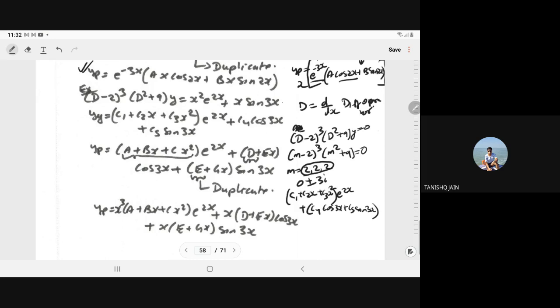That is our complementary function: (c1 plus c2 x plus c3 x square) e to power 2x plus c4 cos 3x plus c5 sin 3x. Clear this part?